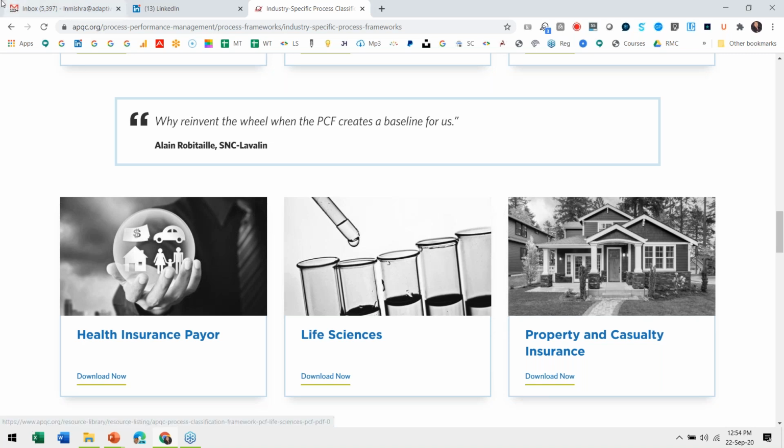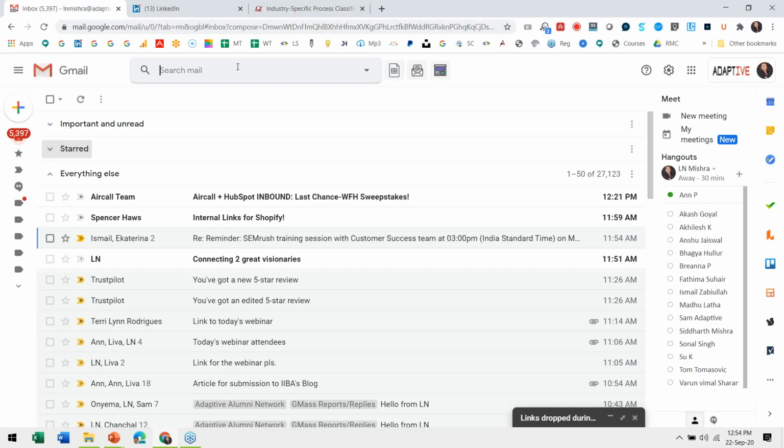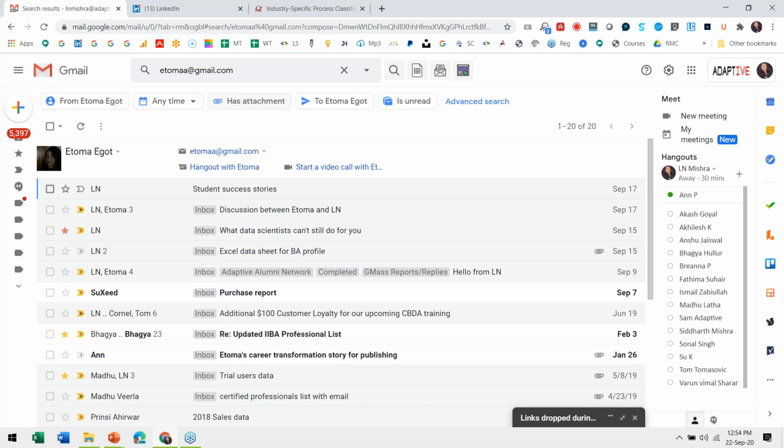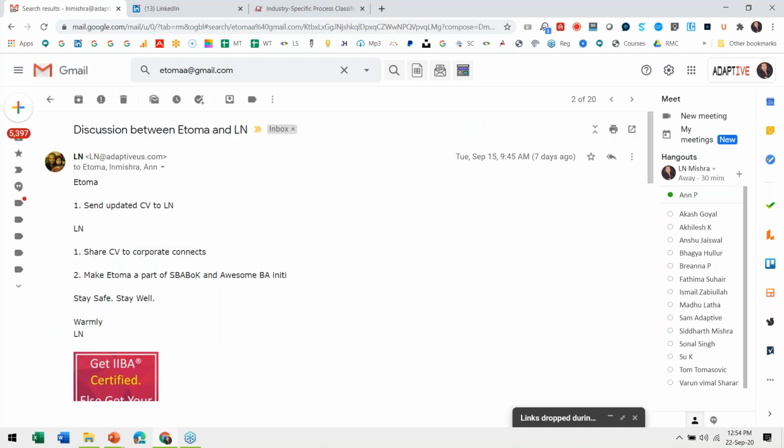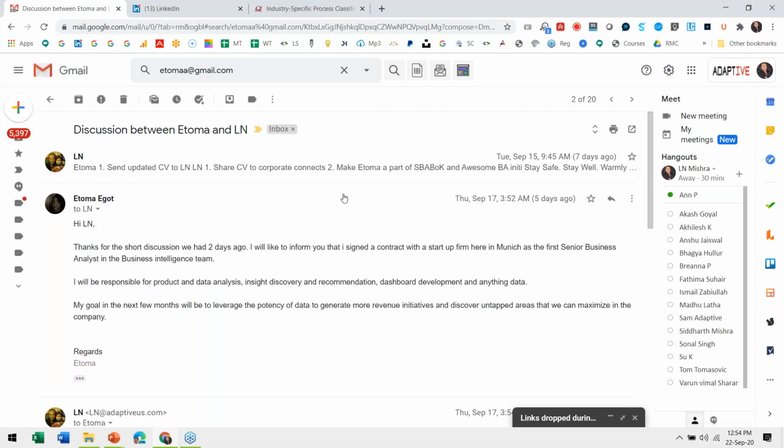It's a bit of a confidential mail, but I can still show you, because one of our students, Itoma, lost his job because his company ran into some trouble, which is very interesting, because he was in the financial services domain, and the financial services domain has been doing quite well. But the company where he worked ran into some trouble because of some mischief by some top guy in the company. But look at this way.